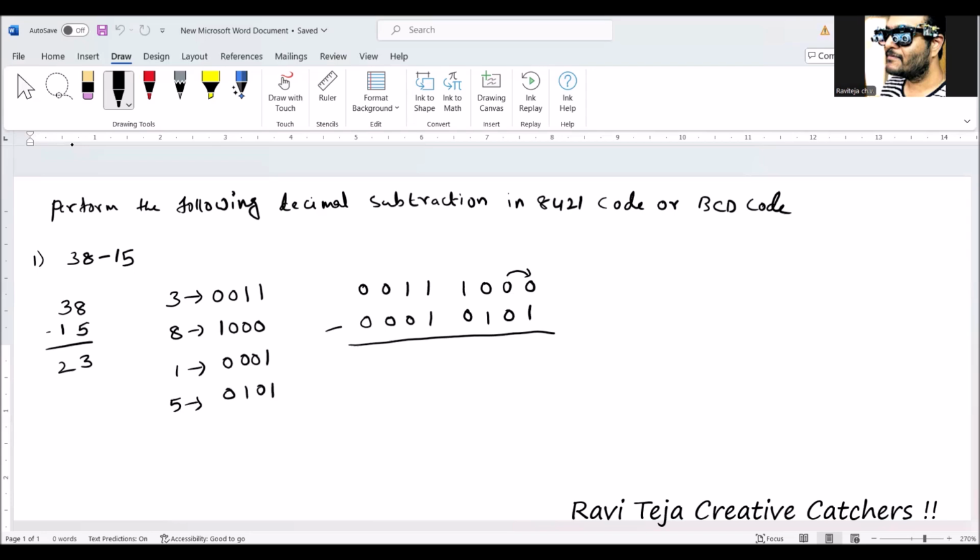Here the position is already 0, so let's take a number from here. But here also the position is 0 only. So we need to borrow the number from here. As soon as you borrow this one, the 1 comes over here and this becomes 0. So here there are two numbers, right?